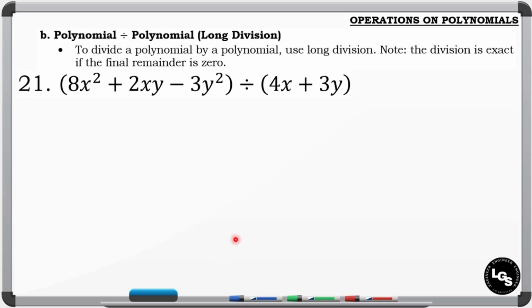I will show you in this example that we are going to arrive at the same answer even though we use different leading terms. But for the first step, we will arrange it with x squared at the start.